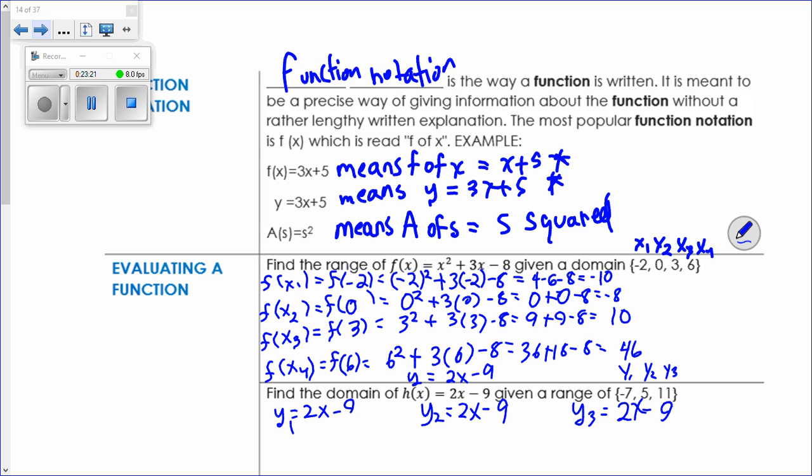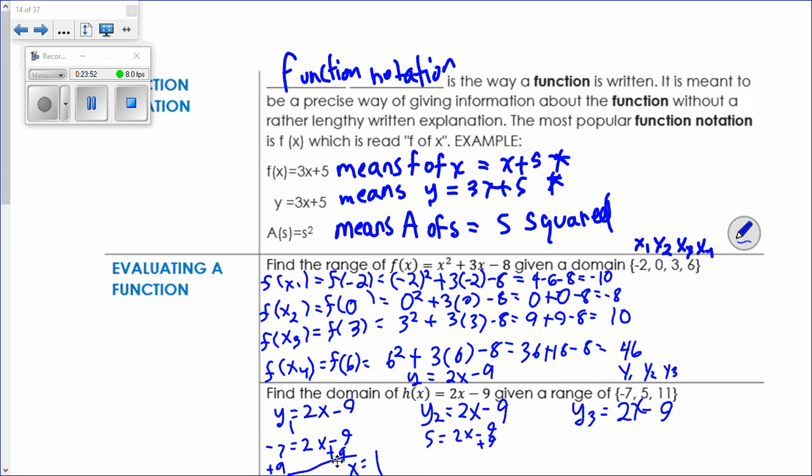Plugging these numbers in, I get -7 equals 2x minus 9. Add 9 on both sides, and doing the math, I get x equals 1. For the next one, you replace y2 with 5, so 5 equals 2x minus 9.